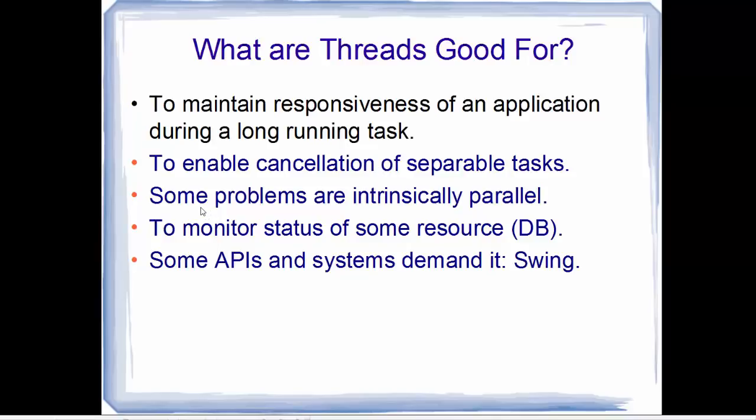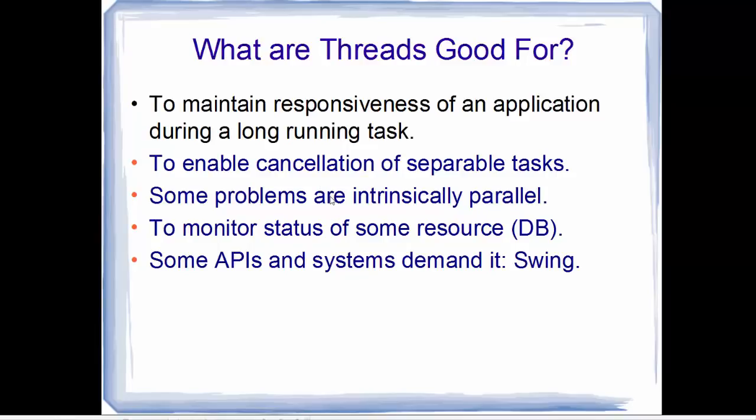Next, some problems are inherently parallel, so you cannot do anything about this. For example, I have given you the example of tabs. You want to run two videos in two different tabs of your browser, and both are running in parallel. So how will your browser handle this?